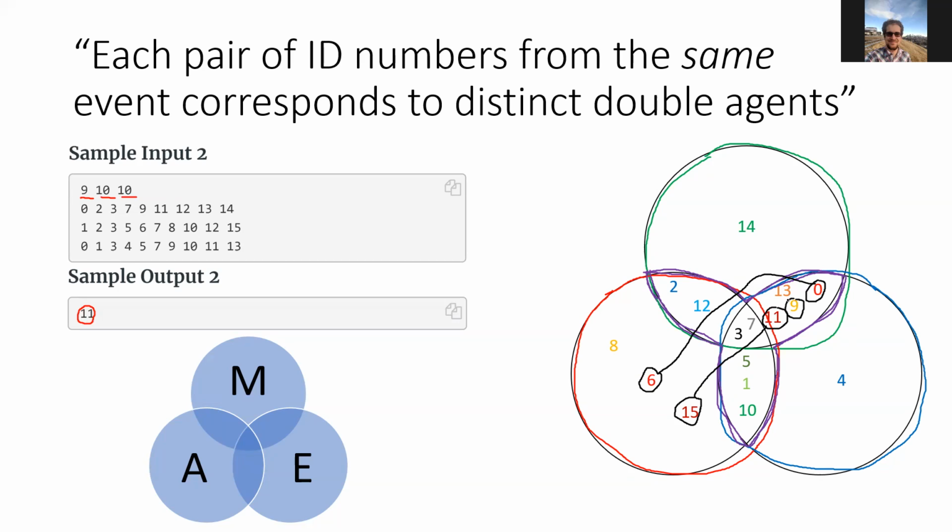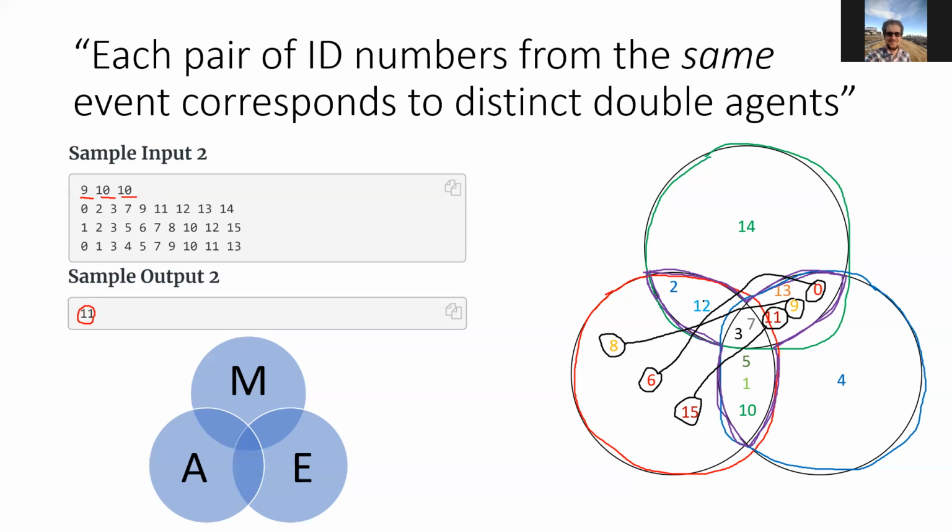This 9 inside, make it the same color as 8. And notice that I'm always taking something that had 2 events in common and matching it with the same color of an ID that attended the 3rd event that these ones don't have in common, so that these have no event in common.